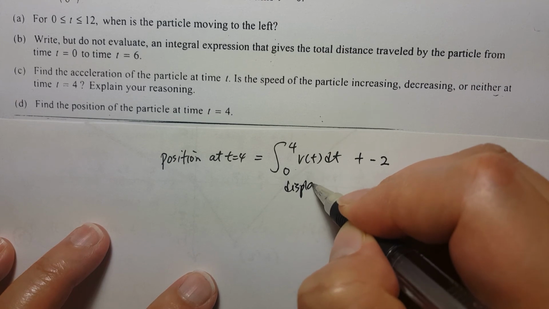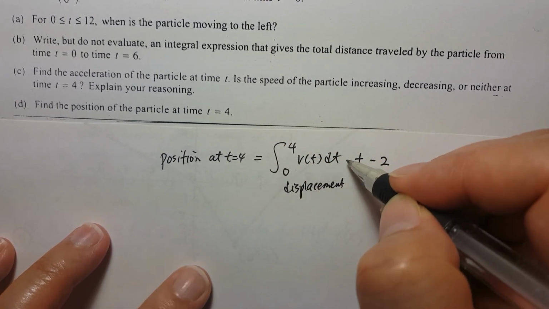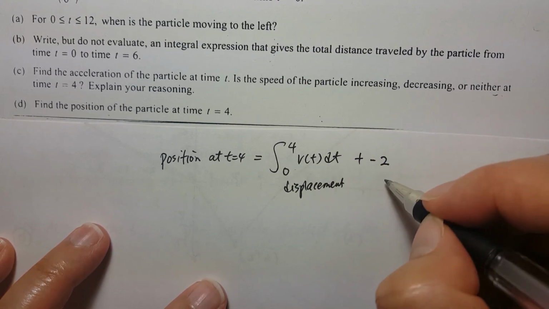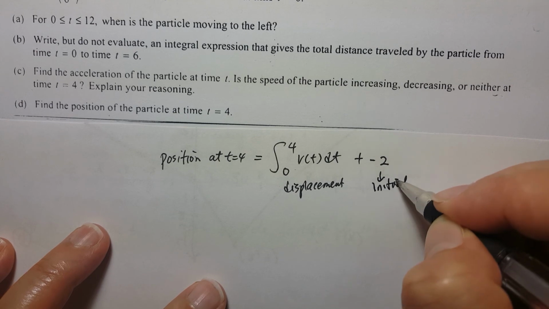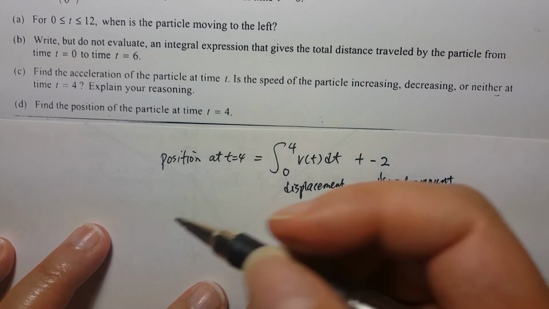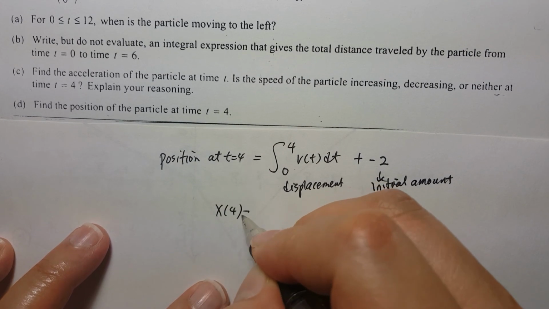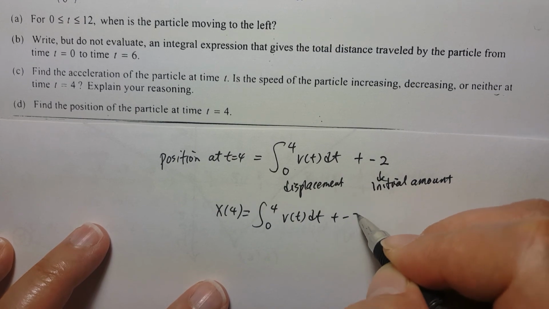So the integral from 0 to 4 of v of t dt is the displacement from 0 to 4, and then the initial amount. So now we say x of 4 equals the integral from 0 to 4 of v of t dt plus negative 2.